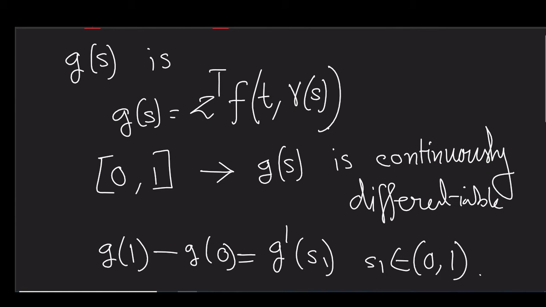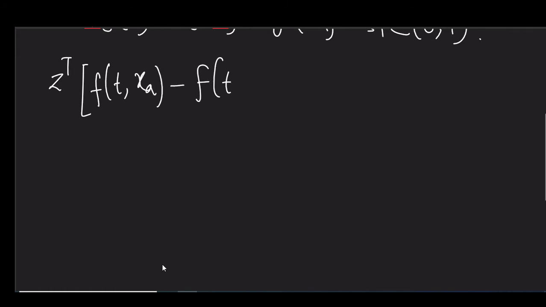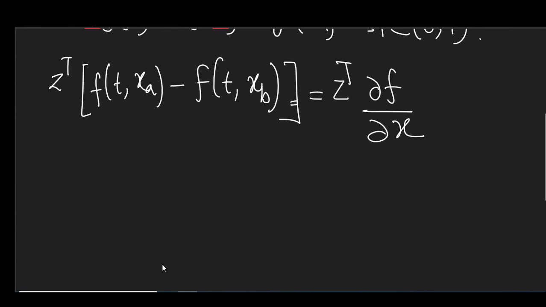So we take the two terminating values S is equal to 0 and S is equal to 1, and calculating G dash S by the chain rule, what we get is Z transpose f of t comma xa minus f of t comma xb is equal to Z transpose del f del x of t comma gamma S1 times xa minus xb.